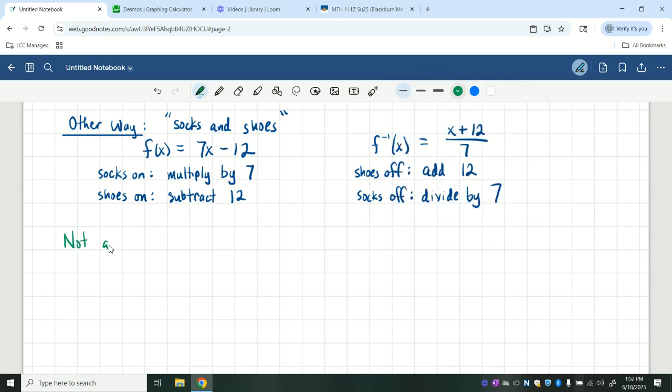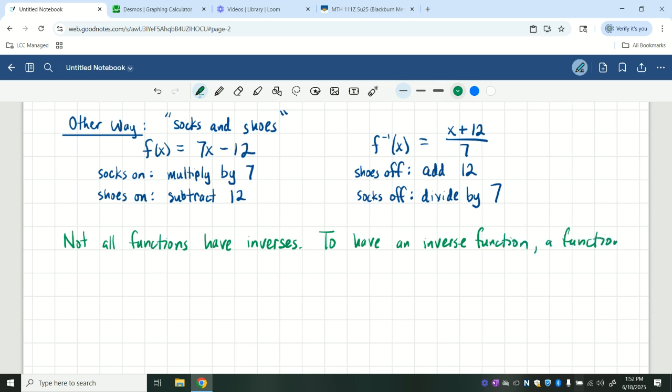By the way, not all functions have inverses. Not all functions have inverses. Okay? To have an inverse function, a function must be 1 to 1.